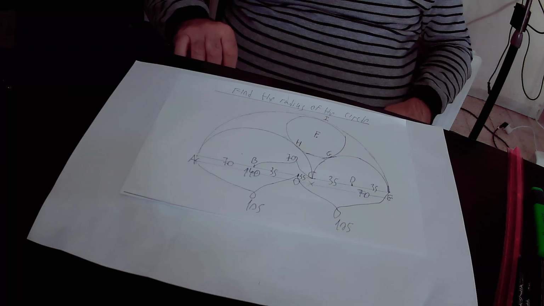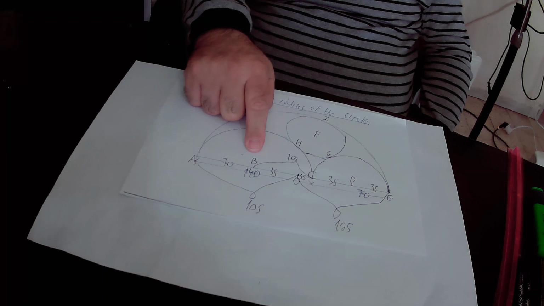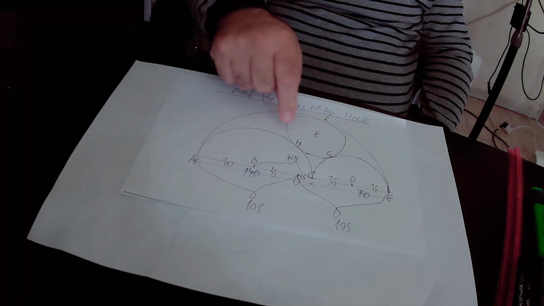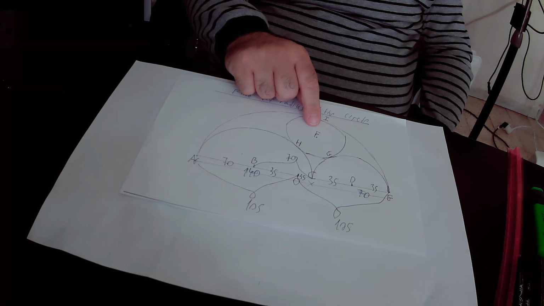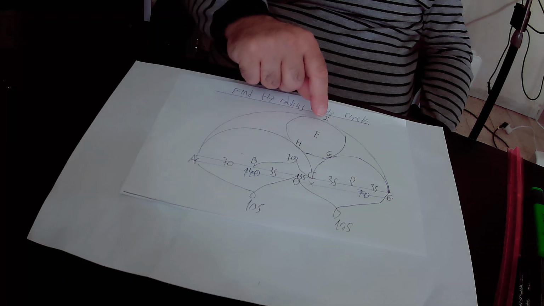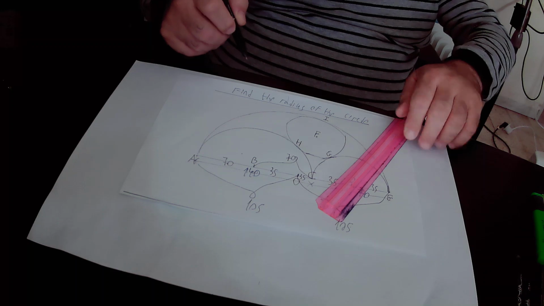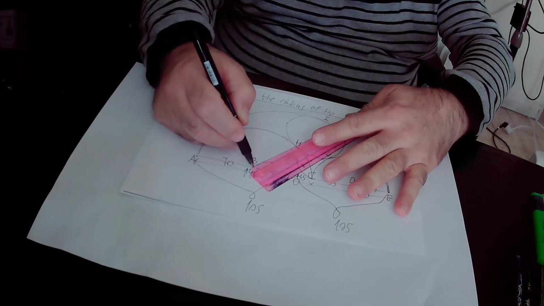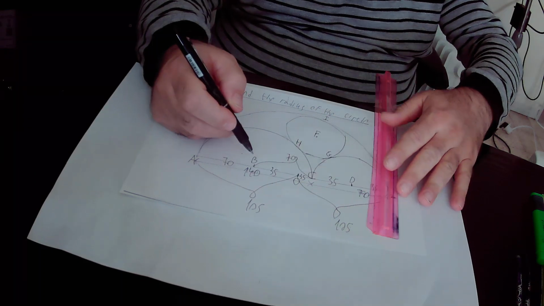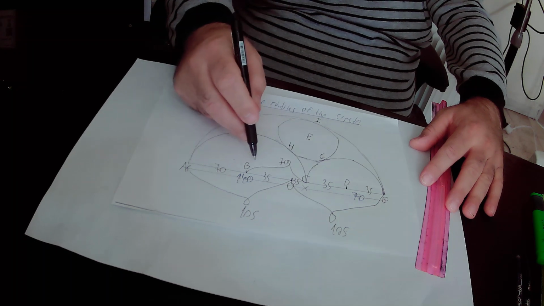Why? Because in our drawing we have point B, that is the center of this semicircle, and we have point F, that is the center of this circle. And the straight line that connects their centers together is of course BF. This is a straight line BF.